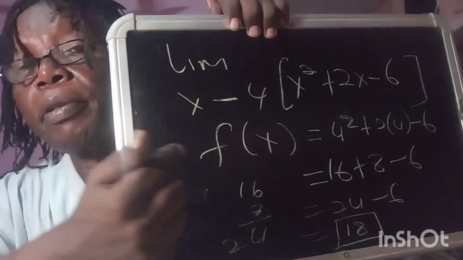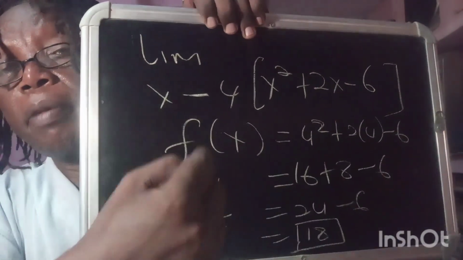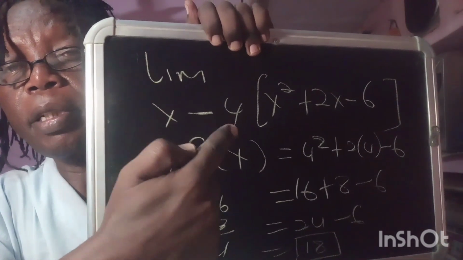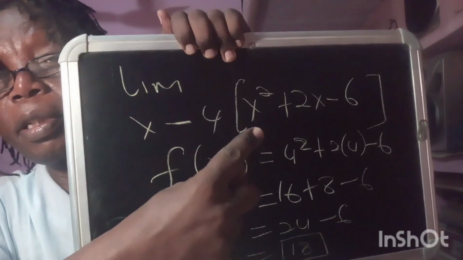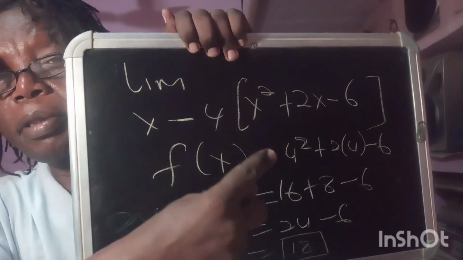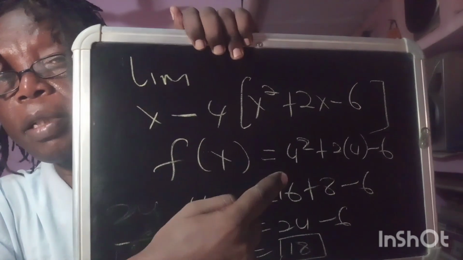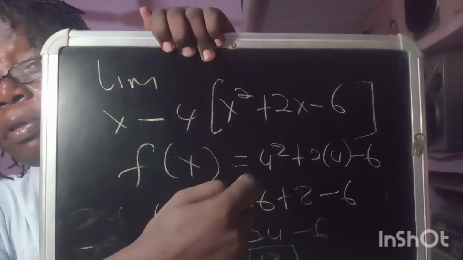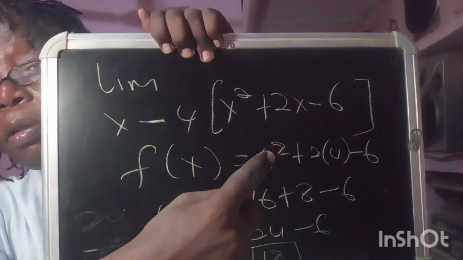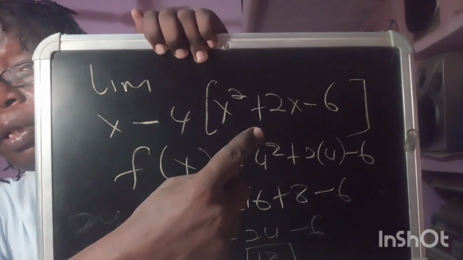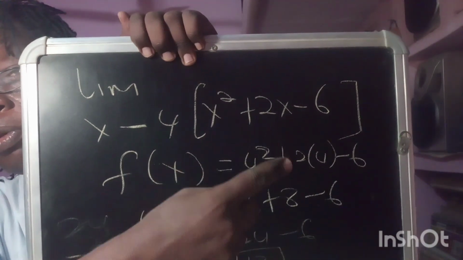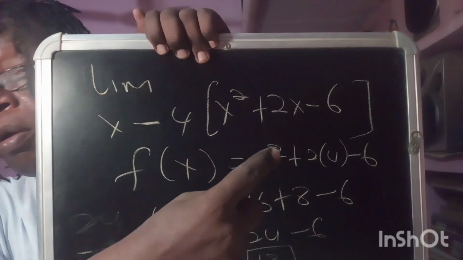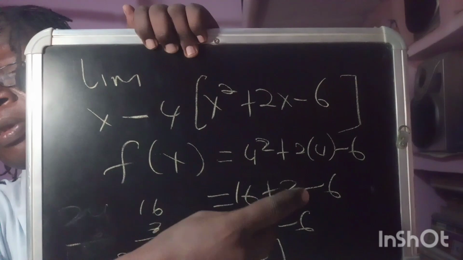Okay, now you can see what I've done. As x gets closer and closer to 4, this approaches a certain limit. So we directly plug in the 4, and when you square 4, it will give you 16, plus 2 times x, which means 2 times 4, it will give us 8, and then minus 6.